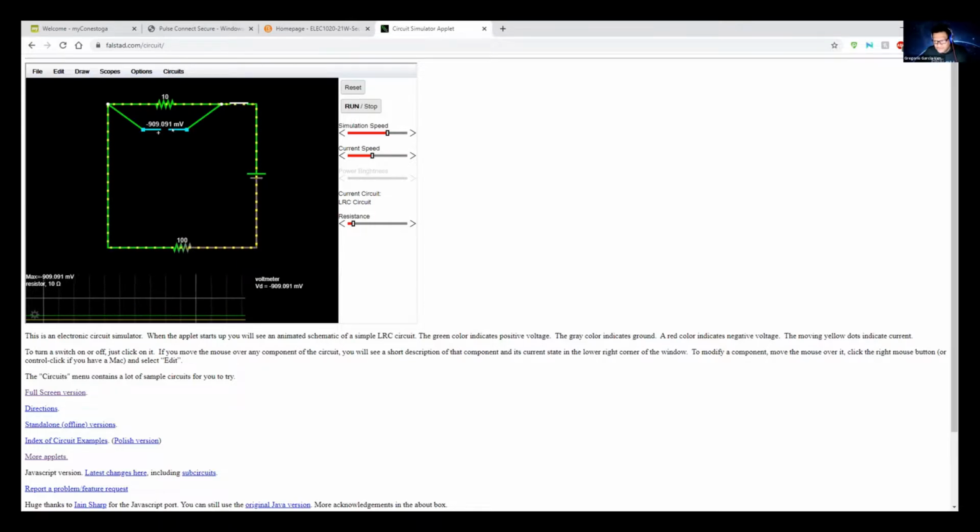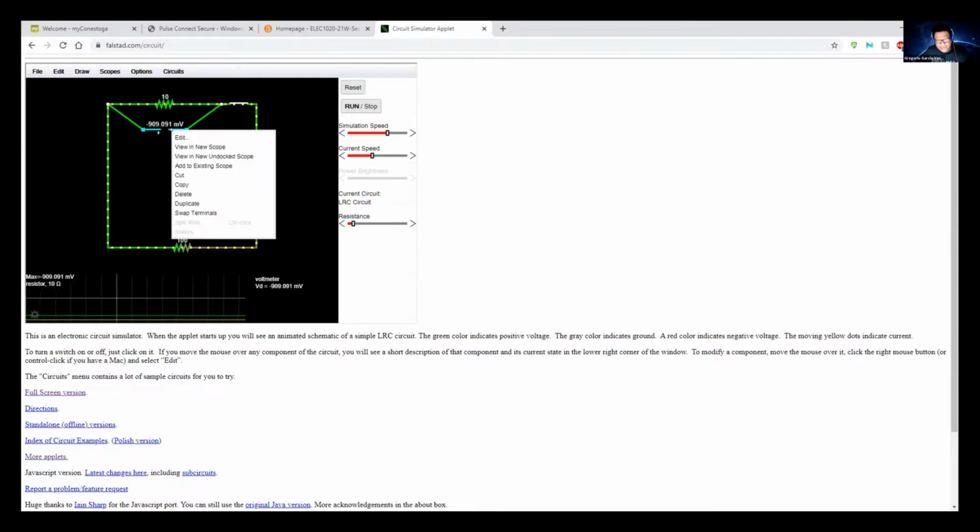There are two different ways you can do this. In my case, I'm going to do a right click, go down my menu options, and click on swap terminals.